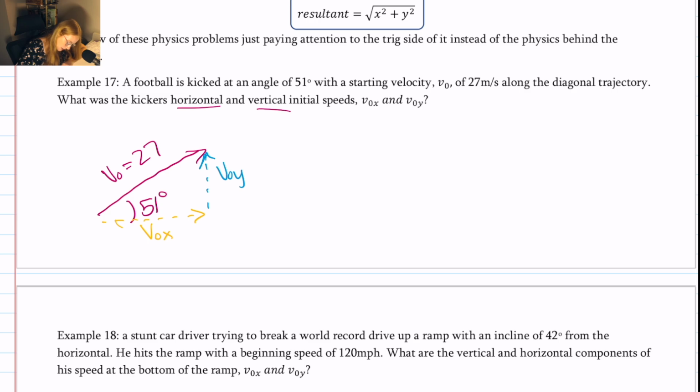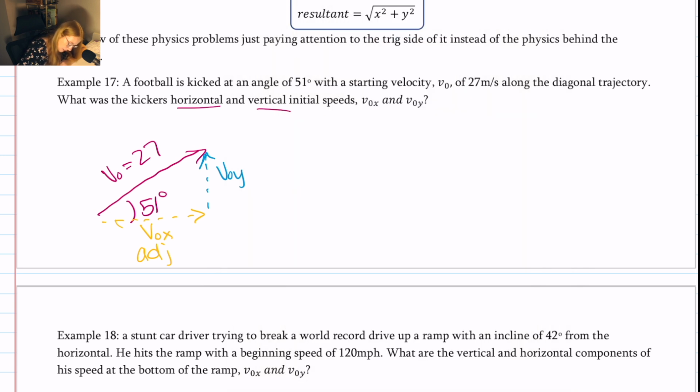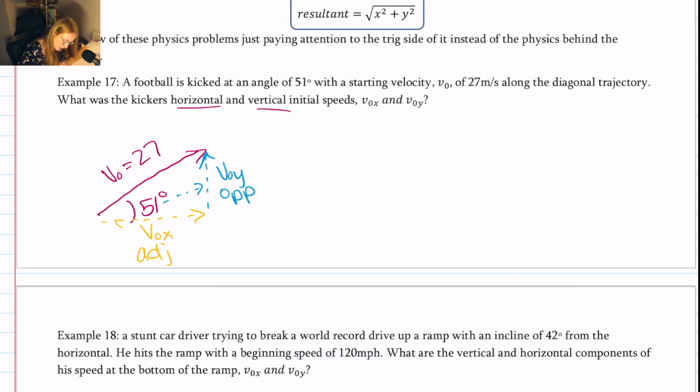If our angle is 51 at this point, V0 x would be our adjacent side. And V0 y would be our opposite side, right? Opposite of the angle is across, and adjacent is at the angle attached to it. Okay, so we have it labeled, and this is our hypotenuse.